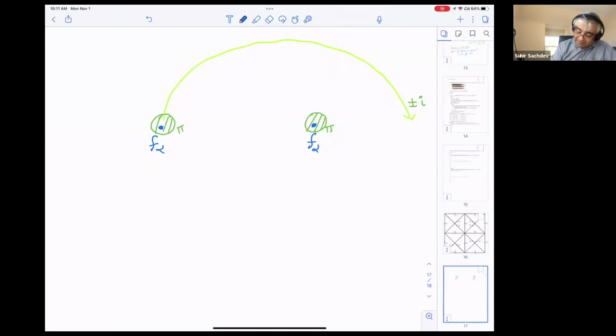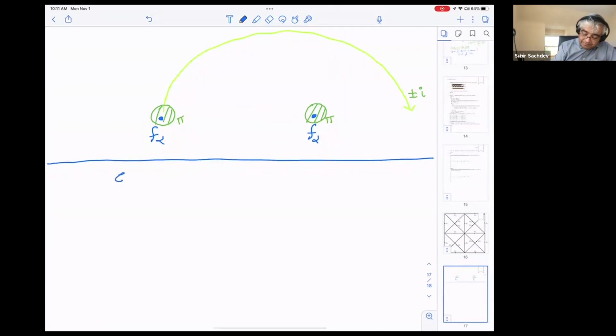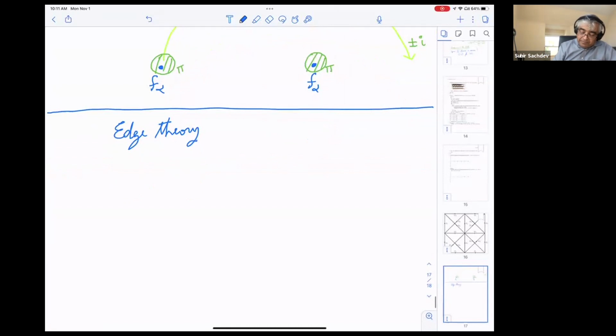But I just want to move on to something which is also of equal importance, which is what happens on the edge. So what is the edge theory? And this is related to the question that Nadi just asked. So the edge theory, I told you already, well, it's just I have two chiral fermions, F alpha.